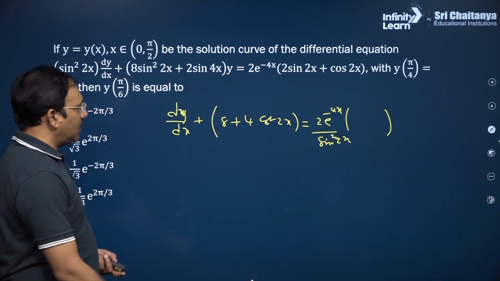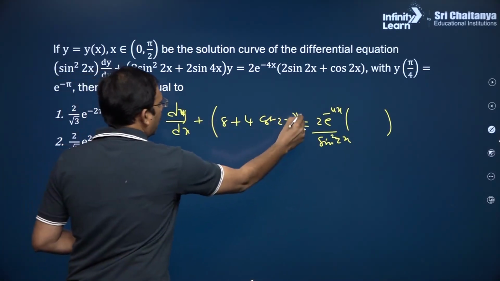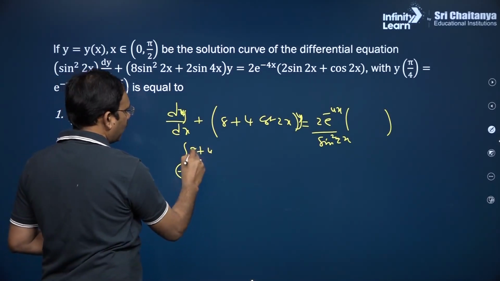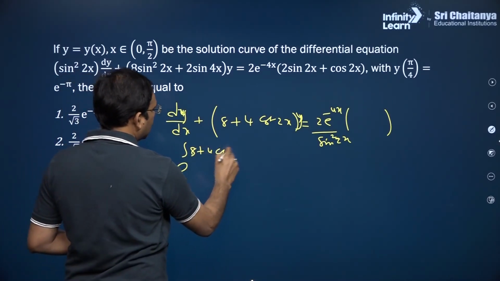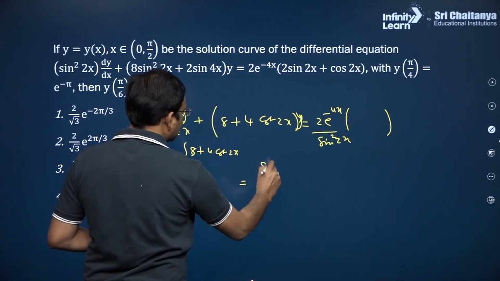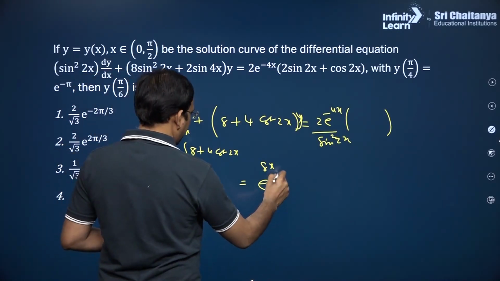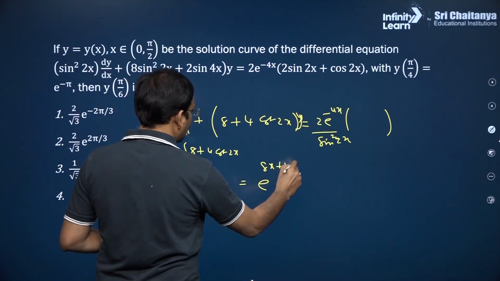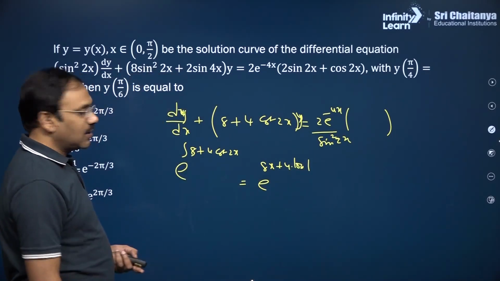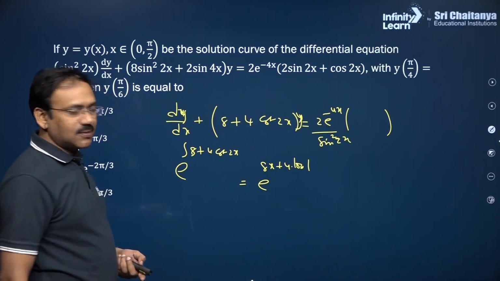Now, you need to find, it is an LDE, my dear friends, with y there. So, e power integral p dx, e power integral of 8 plus 4 cot 2x, my dear friends. So, which is e power 8x, you can write, integral plus 4 into log mod cos 2x integral is, you can say cot 2x, cos x by sin x, right.